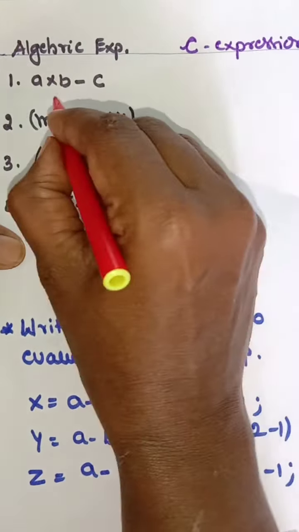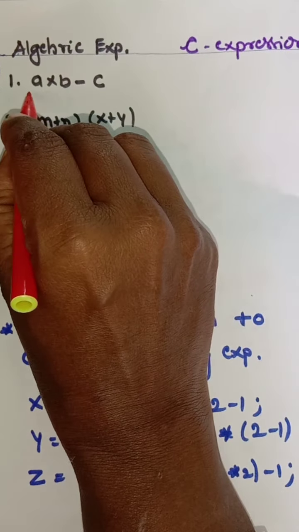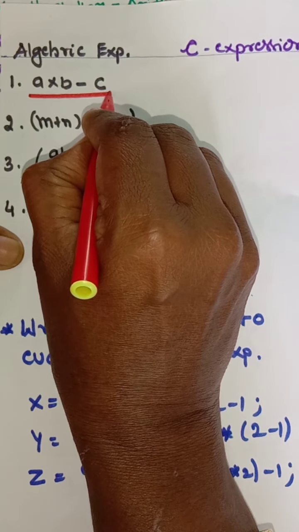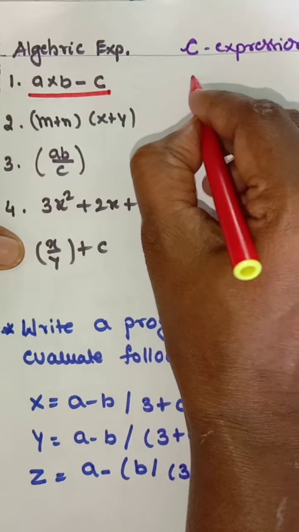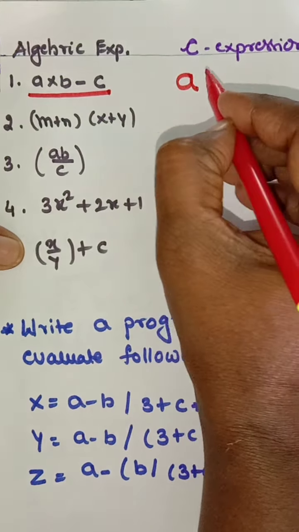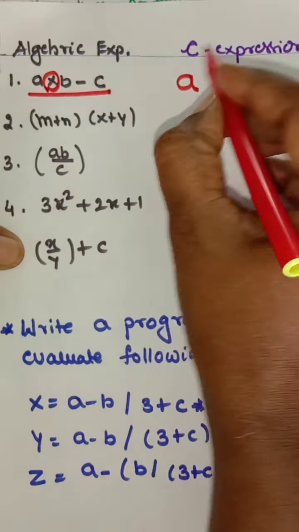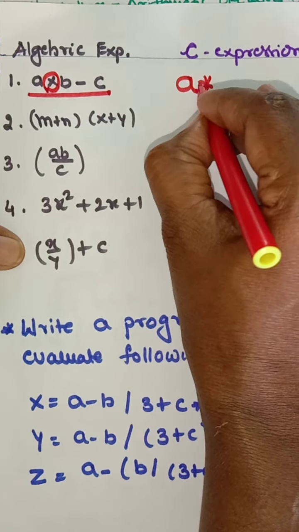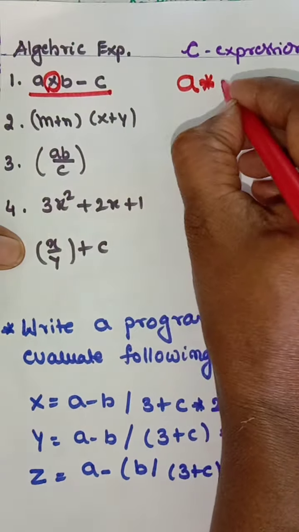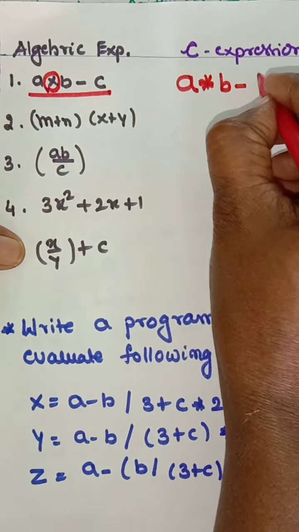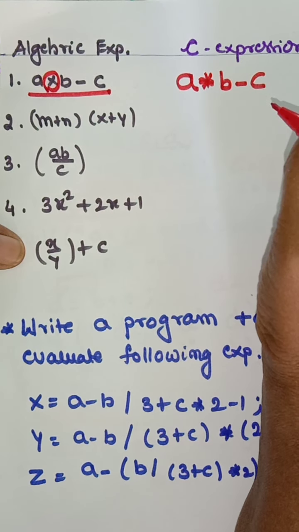What you have to do: in C, if you write this, it is not going to be executed. How is it going to be executed? a as it is. For multiplication in C, what do we use? Asterisk. b minus c. This is your C expression.